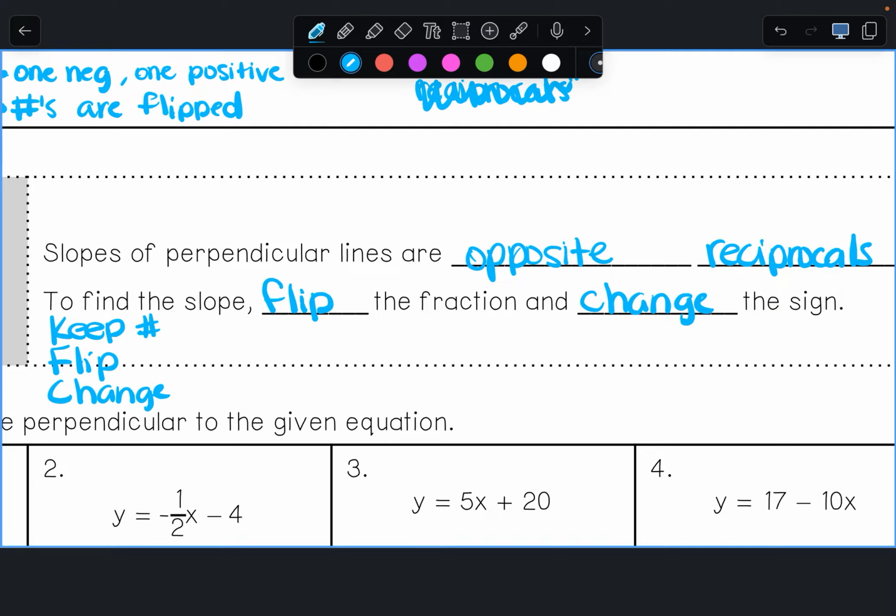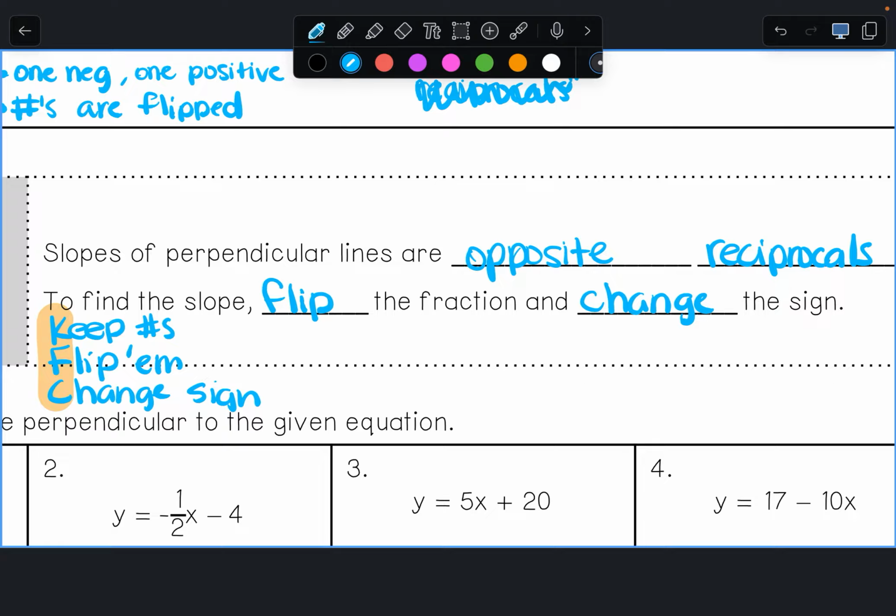And I know you guys use this maybe in 5th and 6th grade for your fractions, but no, we use this for perpendicular lines in algebra.